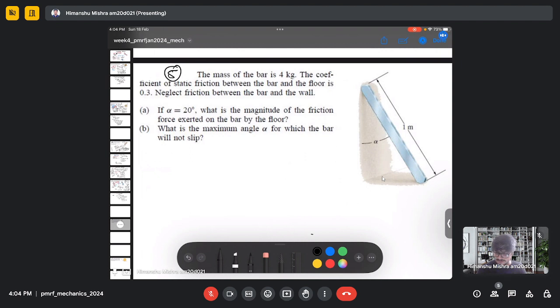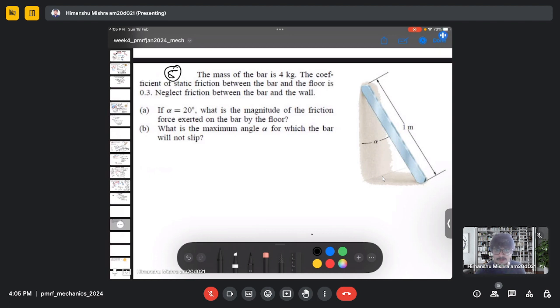Now we start solving ladder kind of problems, where we are given a ladder in an equilibrium position with respect to the horizontal wall as well as the vertical wall, and we need to find the magnitude of the friction force as well as the maximum angle, providing the condition that the ladder will not slip.